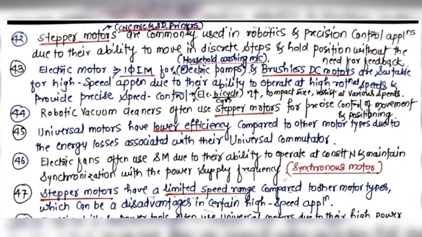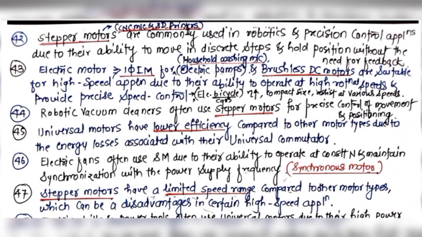Single phase induction motors are used for household washing machines and electric pumps, and brushless DC motors are suitable for high speed applications due to their ability to operate at high rotational speeds and provide precise speed control.